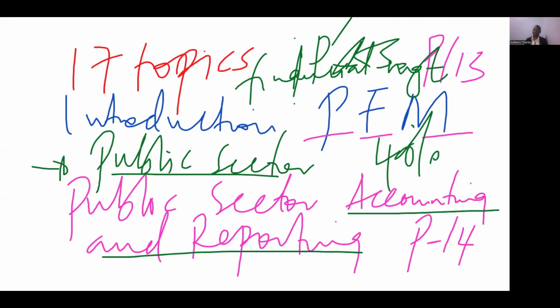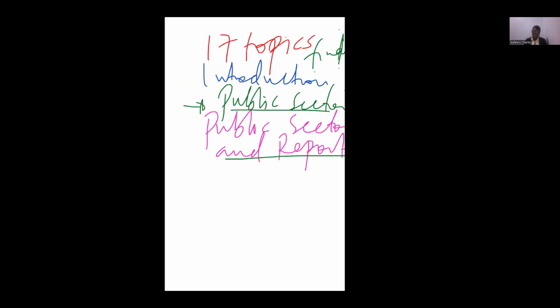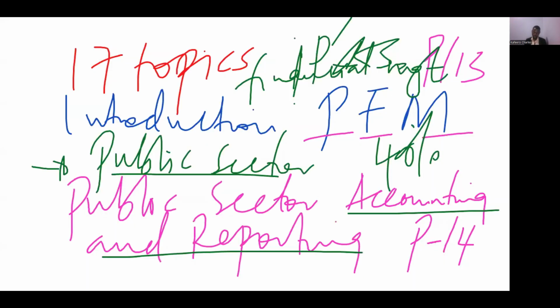What is it? It borrows a little from what we studied in financial management, because it is more of financial management, how we manage finances, but from the point of the public sector.